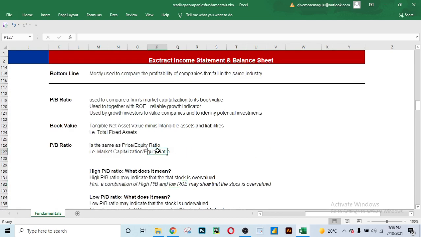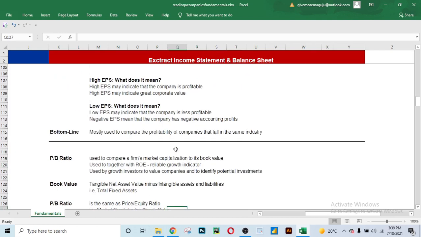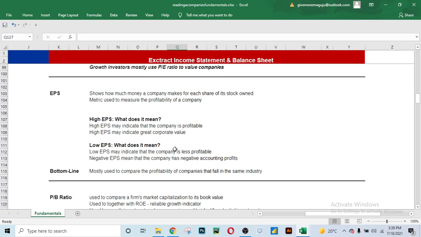Okay, and this is not investment advice. I just have to put this disclaimer. This is not investment advice. It's just me helping you understand some of how these metrics are used and what they mean. So don't take my word for it. Just go out there, do your own research, do your due diligence, and that's how you become a better investor.